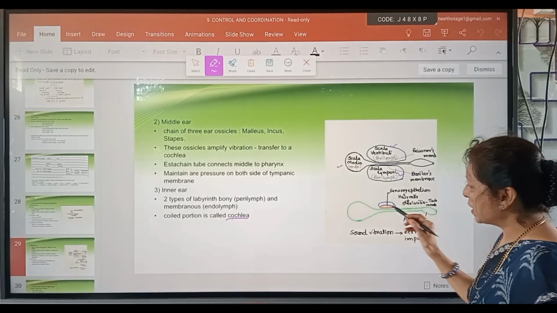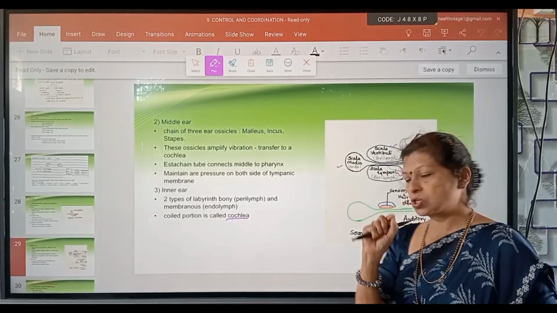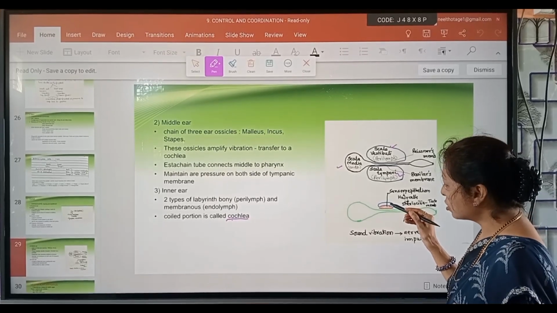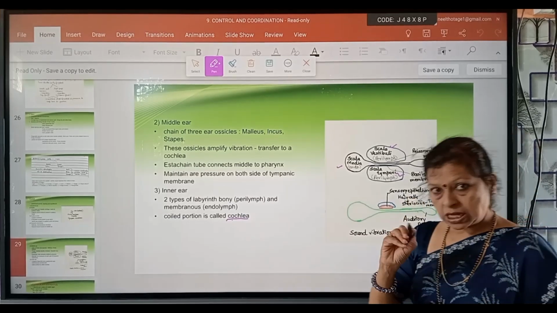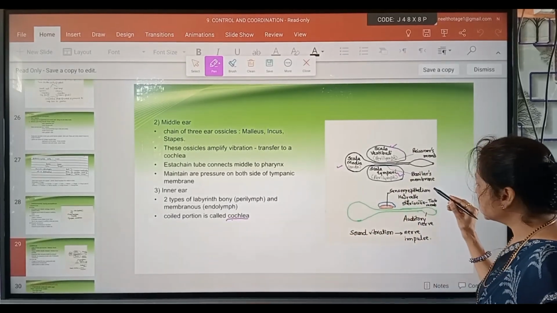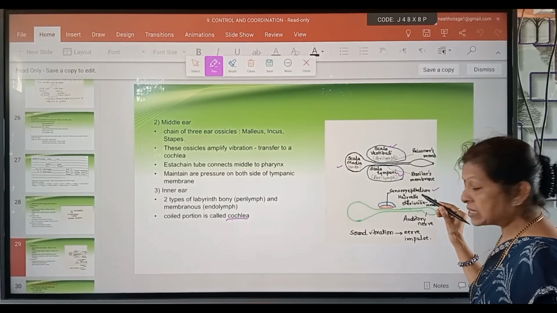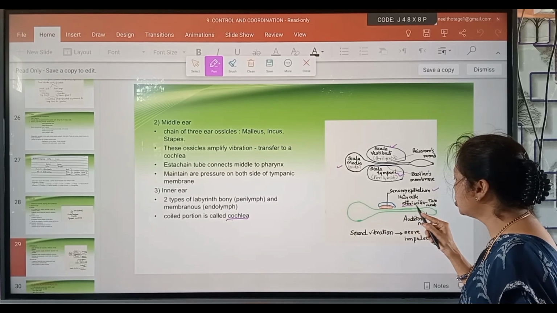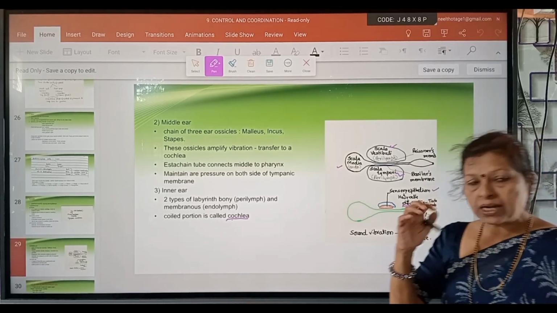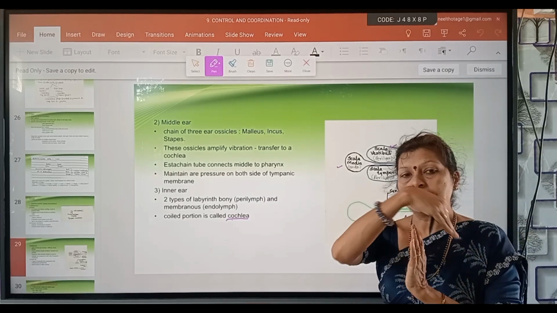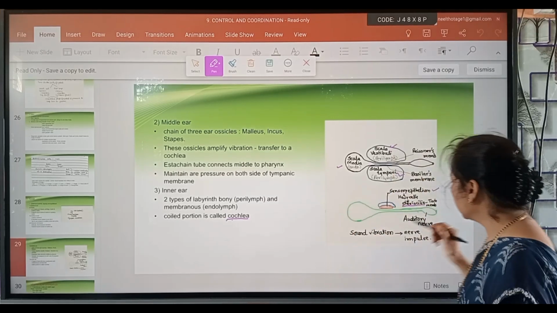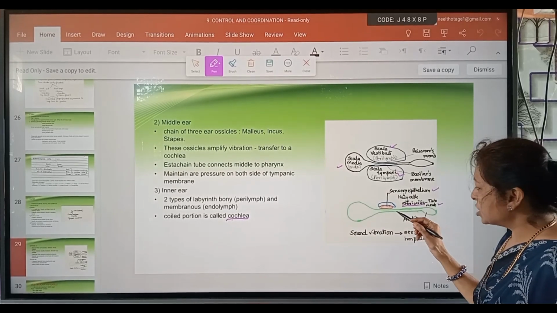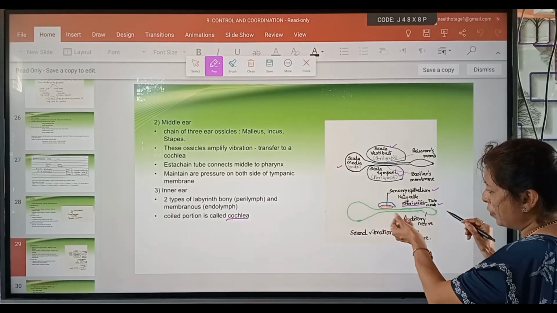On this basilar membrane, there is a P-shaped structure called the organ of Corti. This organ of Corti has the sensory epithelium. This sensory epithelium has small hair cells which have stereocilia. That stereocilia are covered by the membrane known as the tectorial membrane. There is the auditory nerve below that.